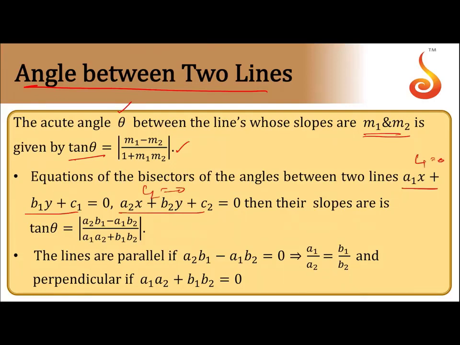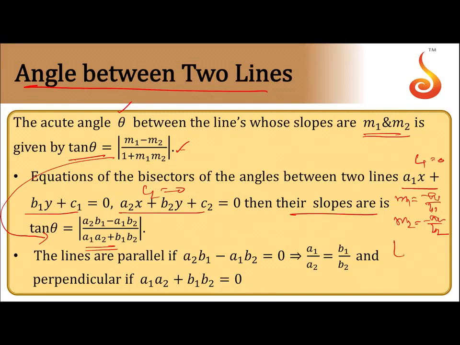The first line is L1 equals 0, the second line is L2 equals 0, in the form a1x plus b1y plus c1 equals 0, a2x plus b2y plus c2 equals 0. Then the corresponding slopes are m1 equal to minus a1 by b1 and m2 equal to minus a2 by b2. By substituting the slopes, you get the formula tan theta is equal to a1 b2 minus a2 b1 by a1 a2 plus b1 b2.